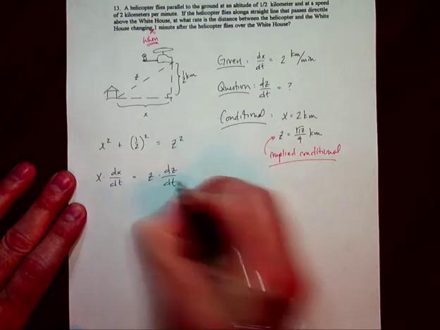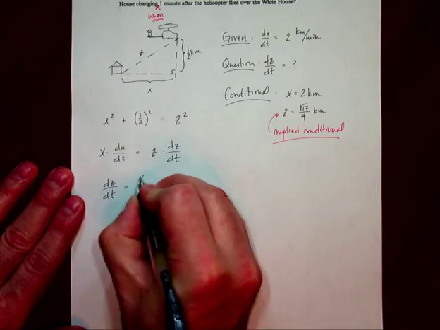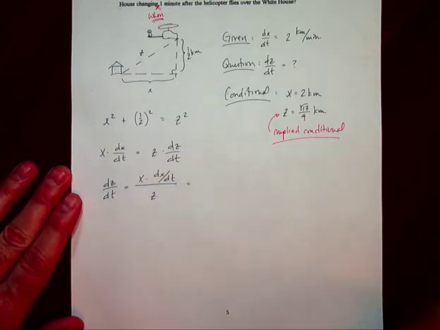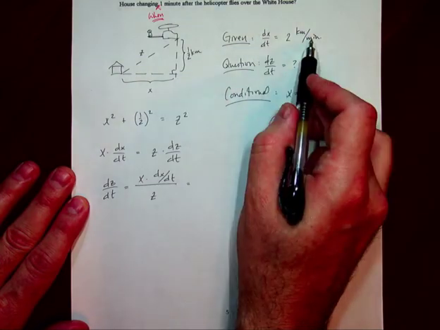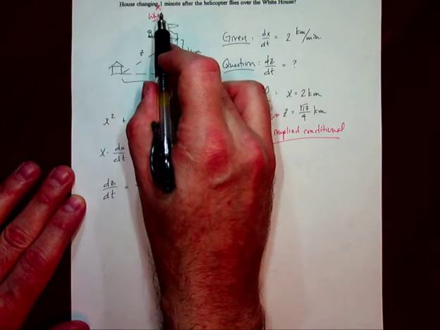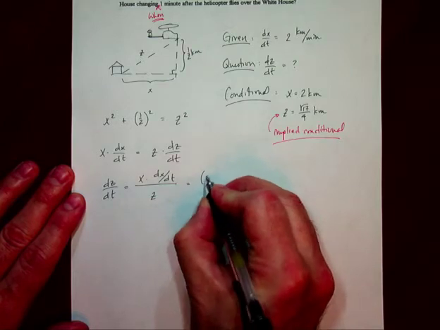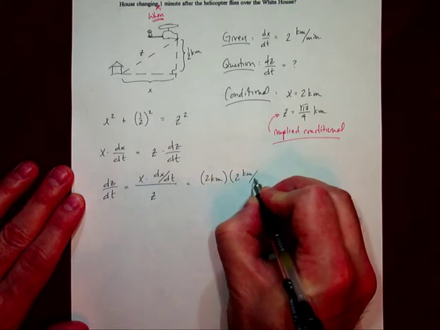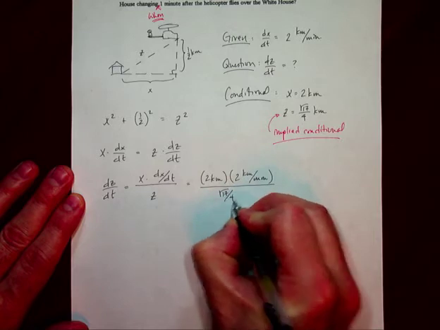And if I'm looking for dz/dt, I'm looking for x times dx/dt over z, and in this case I have all three pieces of information. I have dx/dt from my given, and I have my x and my z measurements. At the moment, it is 1 minute past the White House, so x becomes 2 kilometers, dx/dt is 2 kilometers per minute, and z is root 17 over 4 kilometers.